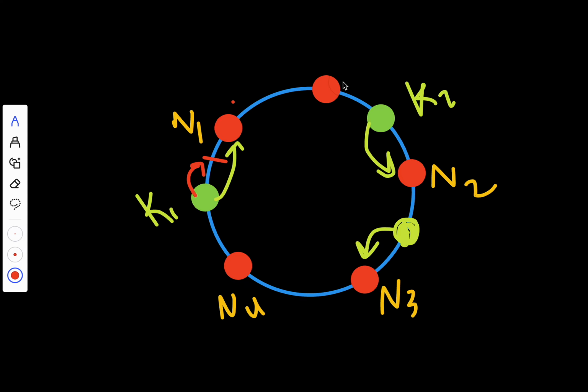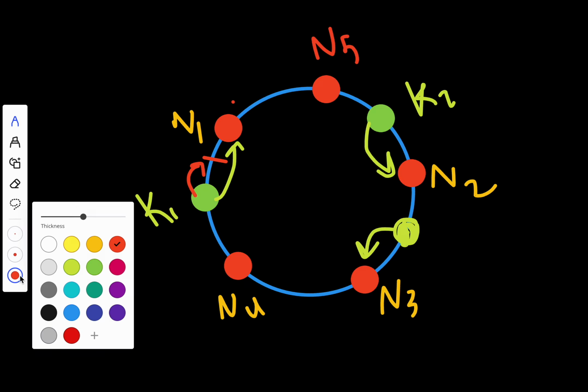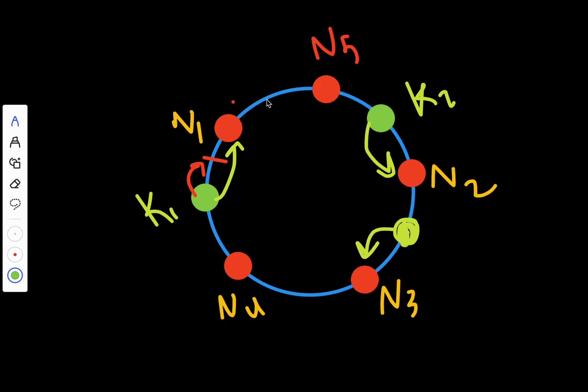Only the items that fall between the previous node and the new node, let's call this N5, will be affected. Let's say that we also have a new key, key 4, I guess.